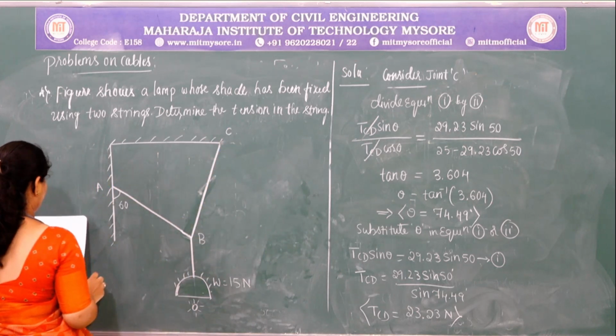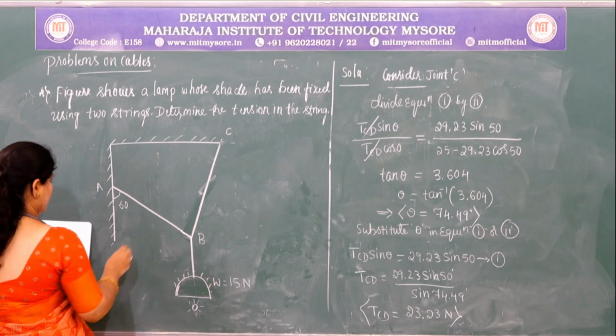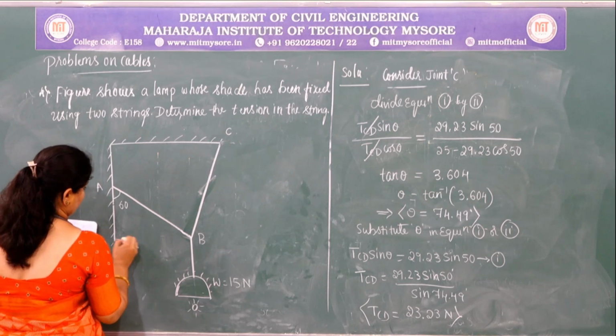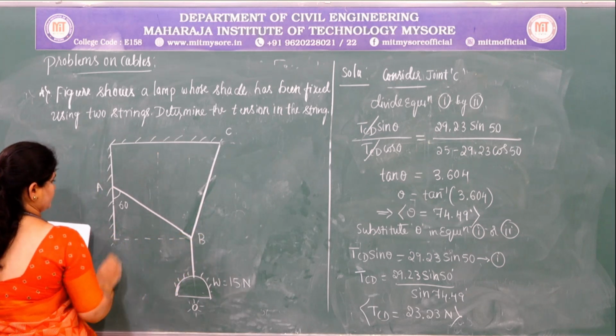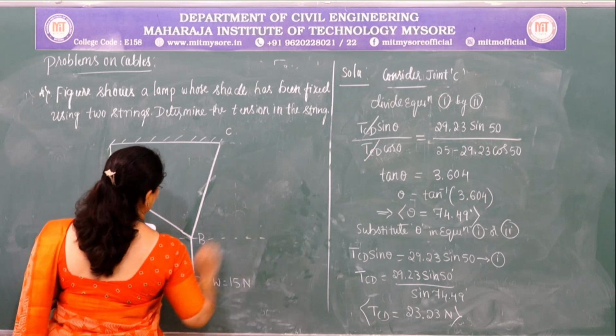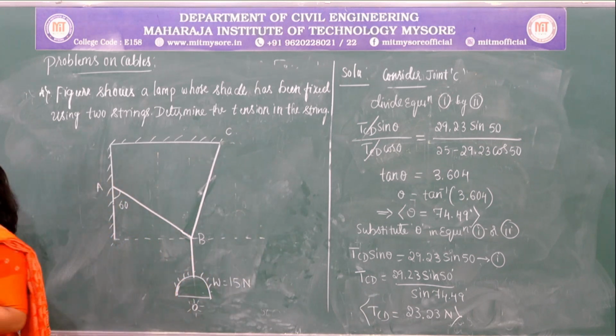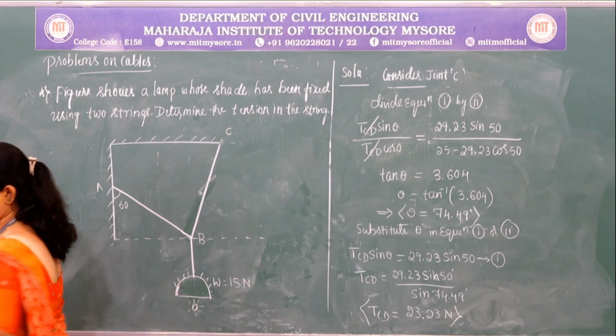So the angle given is 60 degree. So we need to find the tension in the string.